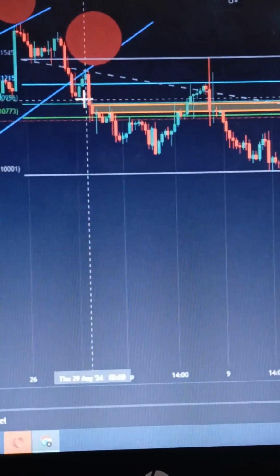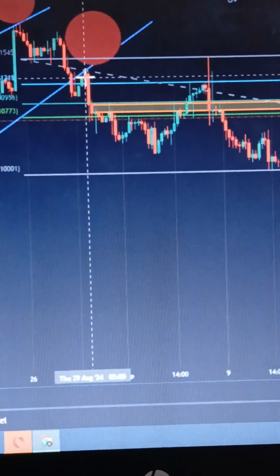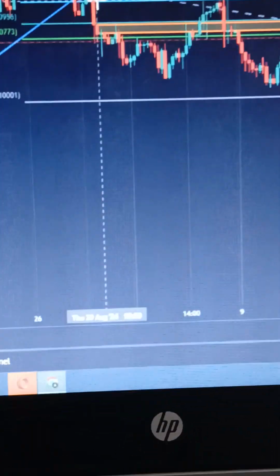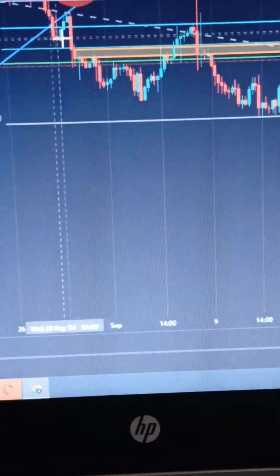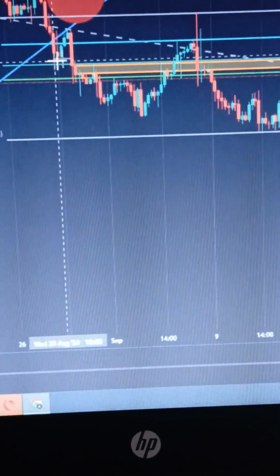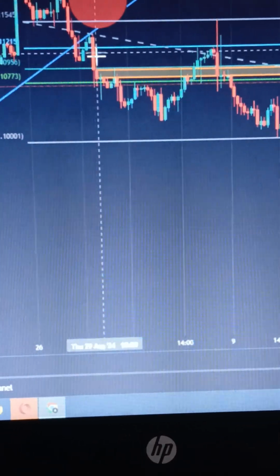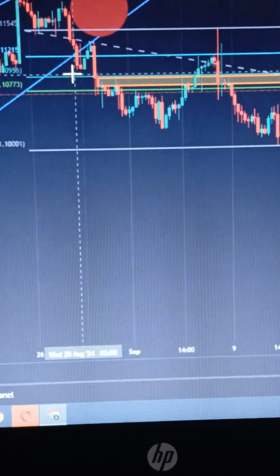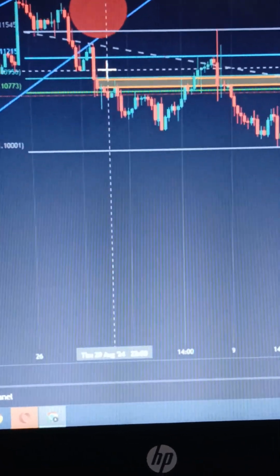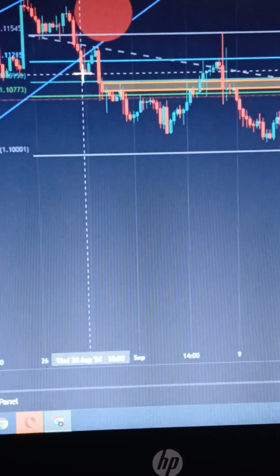You can see these three bullish candles over here before the market actually made this bearish move to the downside, breaking this support zone. You can see that the market actually used one candle to break three major candles, which is telling you that the bears are fully into the market more than the bulls.